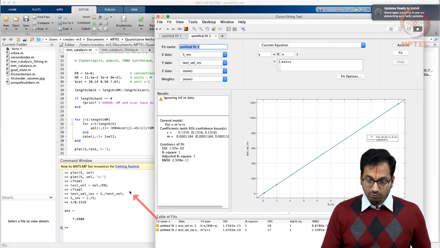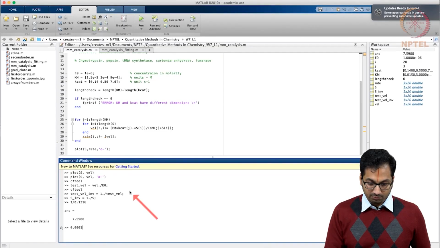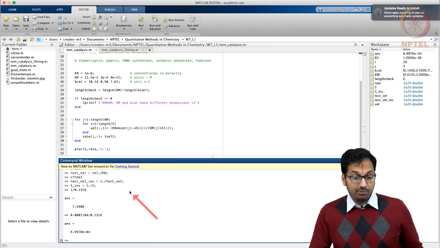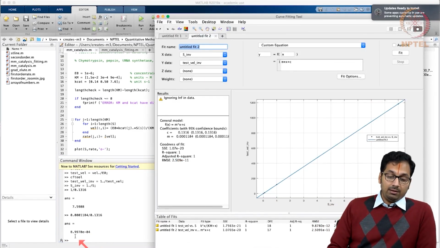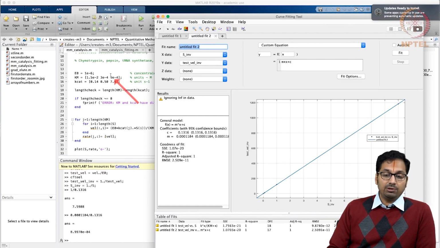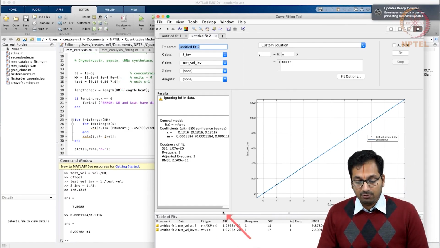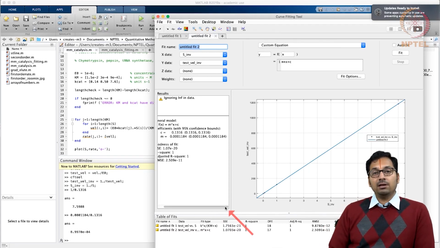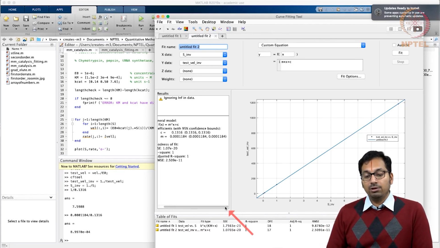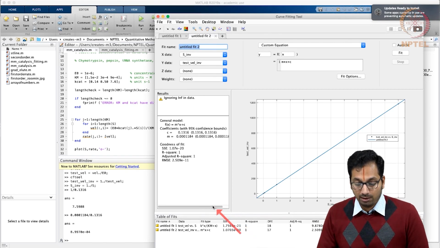Then if you would like to know the other one, the way you do it is that you take the slope, which is 0.001184, divided by 0.1316, and you are able to get 9 e power minus 4, which is what you ended up using. The important thing to note is that although the values come up similar, the moment error starts to play a role, you will realize that these could end up being different.